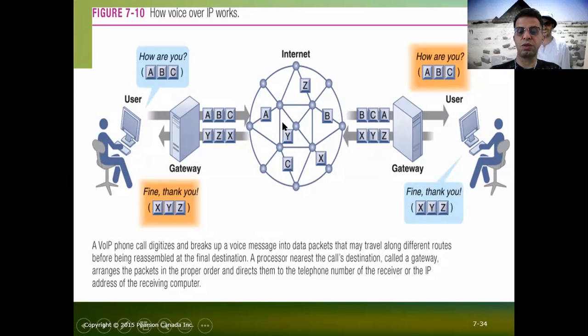Through the internet, we send it through packets, and then the packets are reassembled again here, still digital, and through the modem it switches to analog, and vice versa. So the person says "fine, thank you," and the same thing finds its route, gets assembled as digital, and is then converted to analog, and the user can use it.